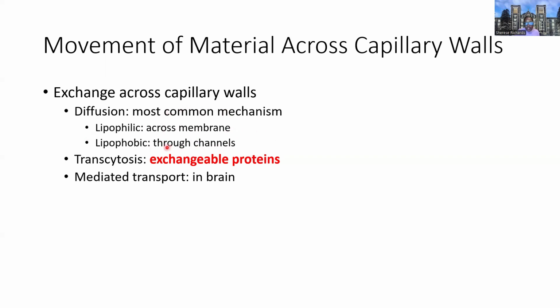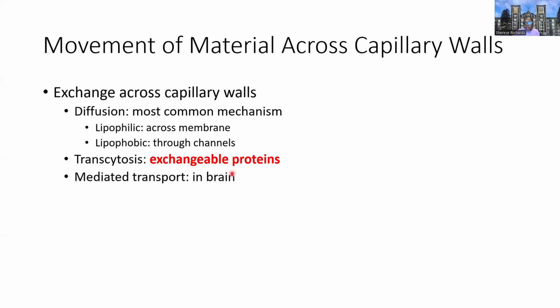We also have transcytosis. This is where we have proteins, especially packaged in vesicles, and we have endocytosis and exocytosis, which moves these packaged proteins across the cell. And then in the brain, we have an even more specific type of transport called cell-mediated transport because of the presence of the blood-brain barrier.